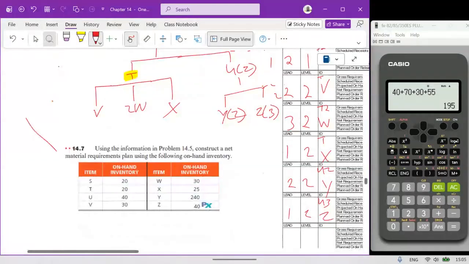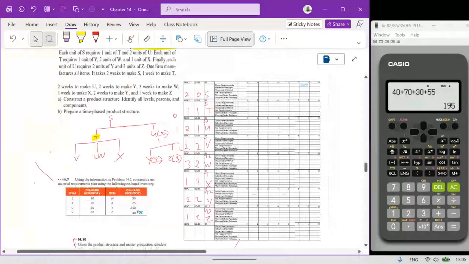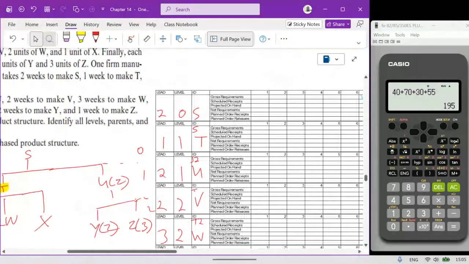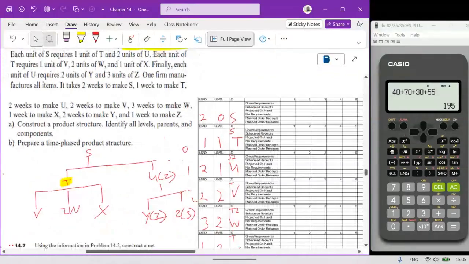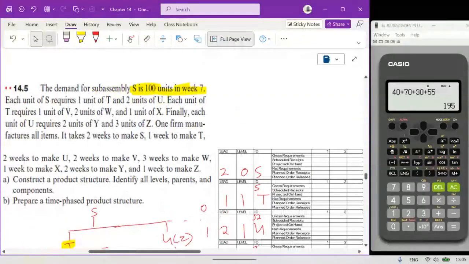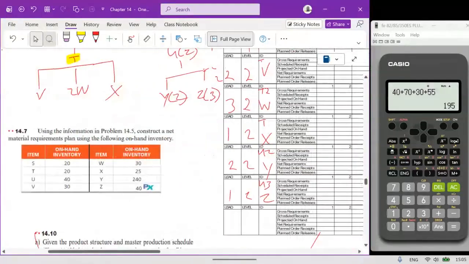Then now we need to add this information that is critical. On hand. Yeah, so on hand. There's your table here. This is your on hand.